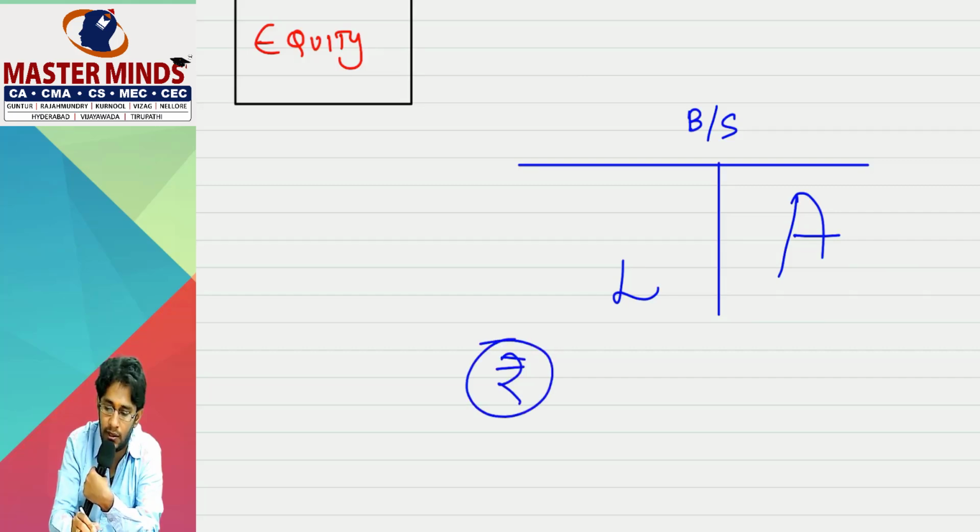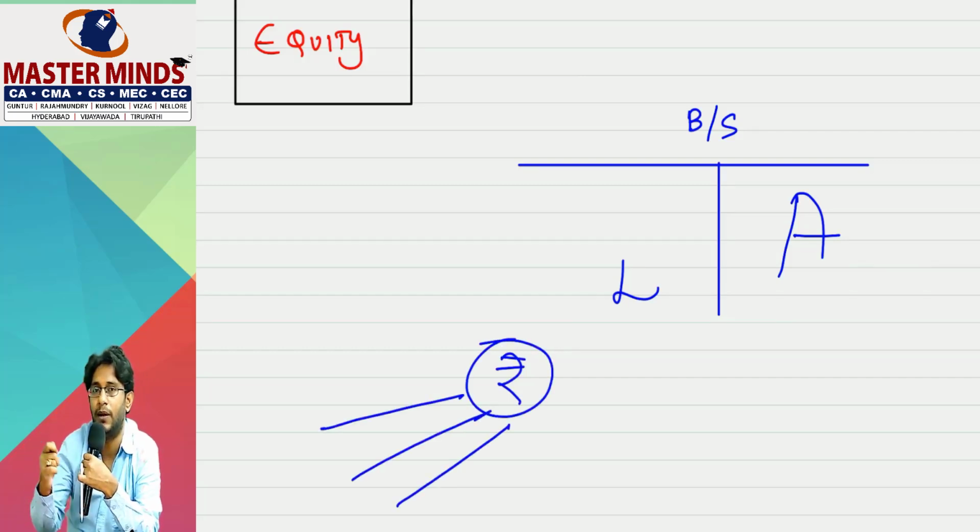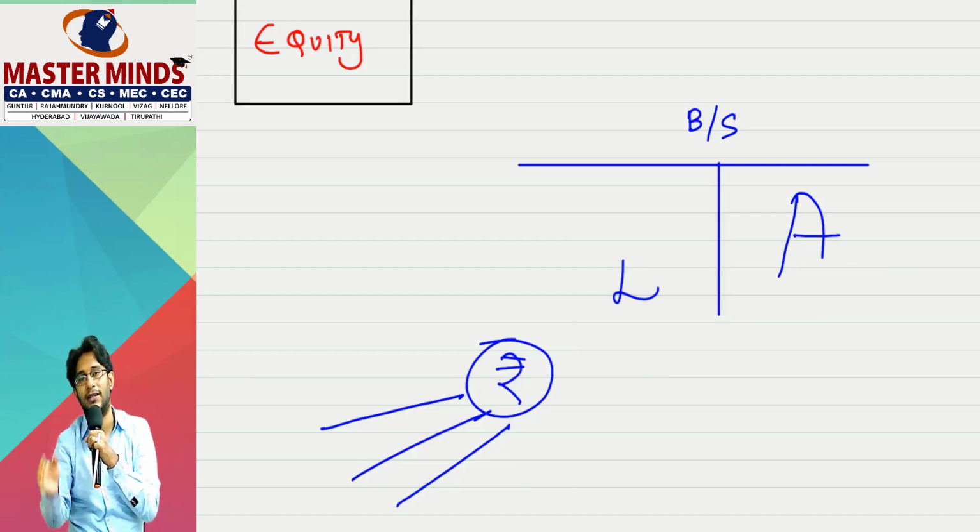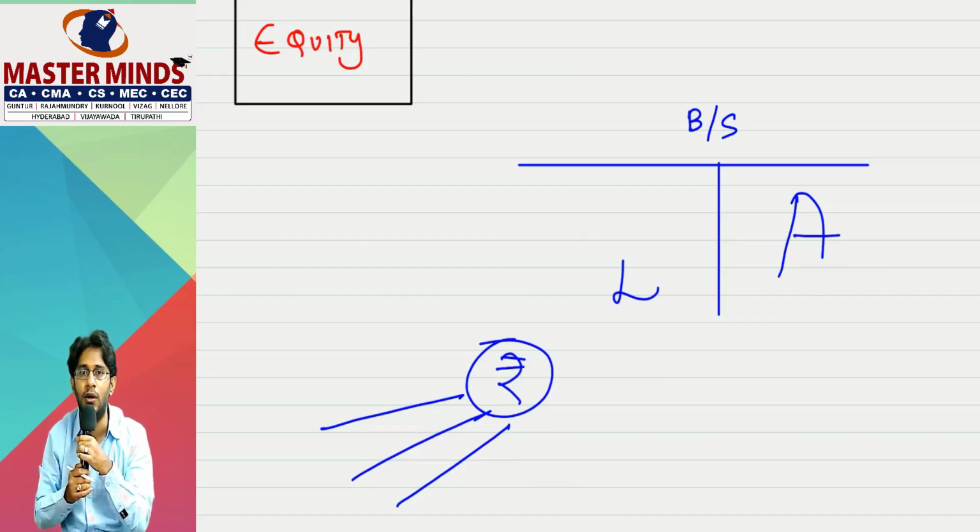That money belongs to some people. Those people will be holding some paper in their hand. That paper, which gives you a right on residual net assets, is called an equity instrument. So an equity instrument is that contract which gives you a residual interest in the assets after paying all the liabilities.